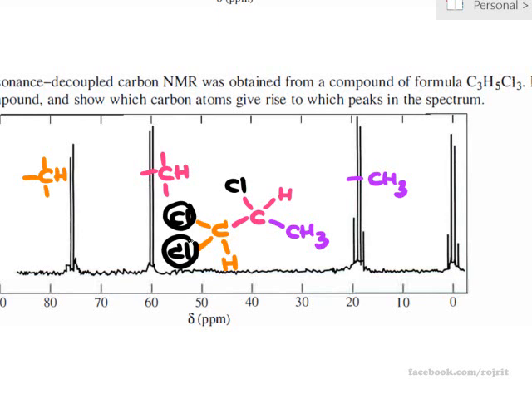Okay. So not only the structure of the molecule, you can also identify which signal belongs to which carbon in the structure, to confirm that your answer is correct. Okay. So this is all of the spectroscopic techniques that I want to summarize from your second year organic chemistry.